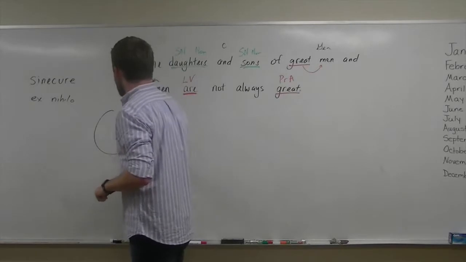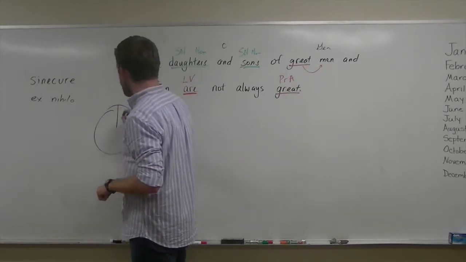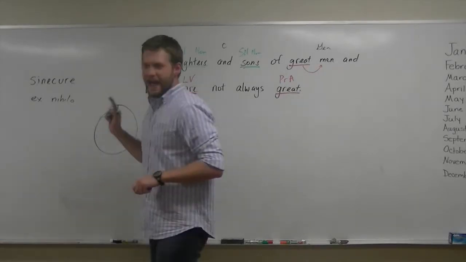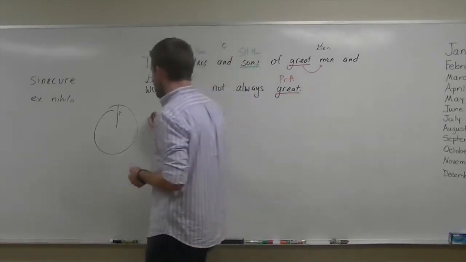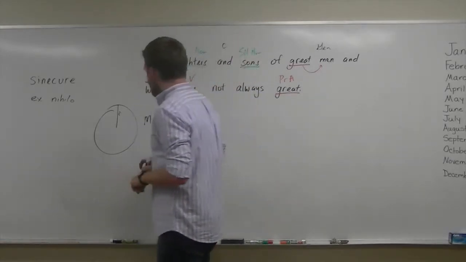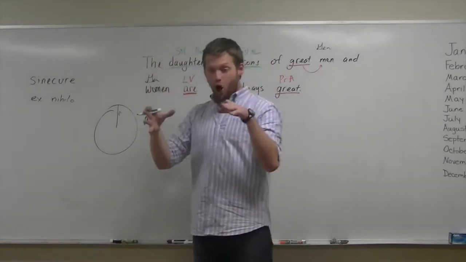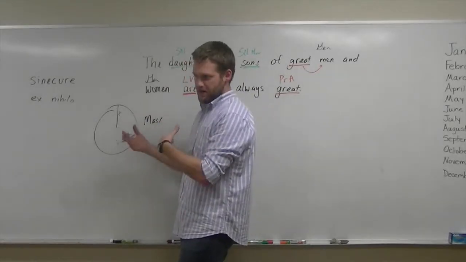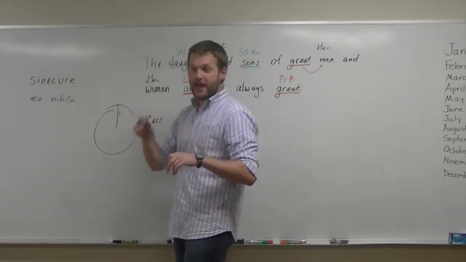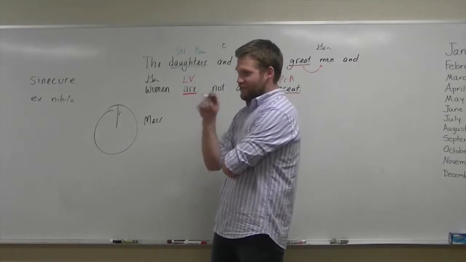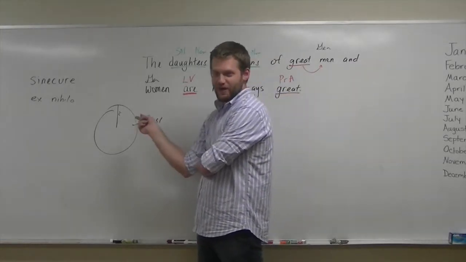If you're talking about 1 million people and there's one male in that million, the adjective will become masculine. If they're all women, then it's going to be feminine. If you're talking about a mixture, any number of males makes that a masculine form.